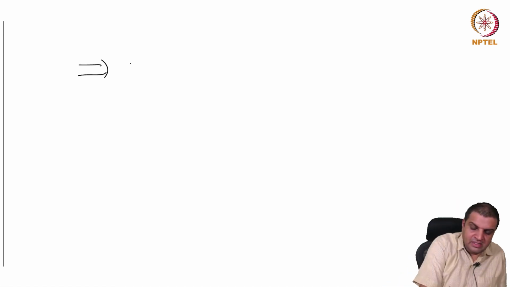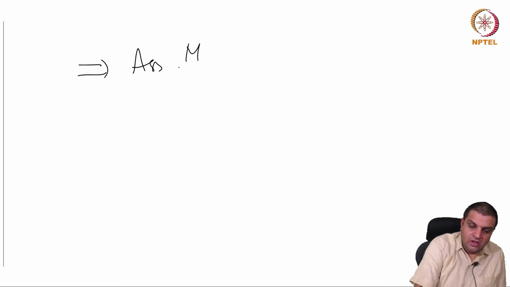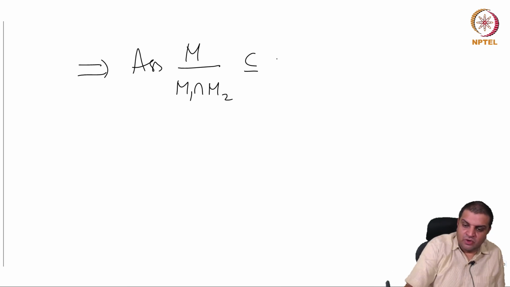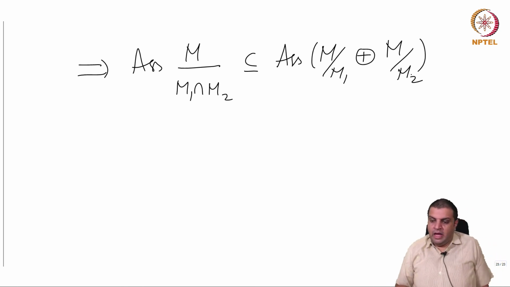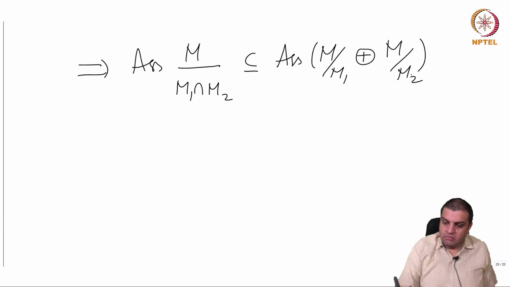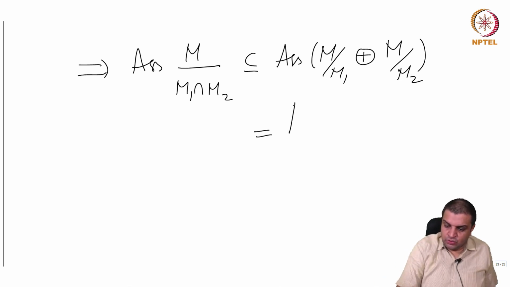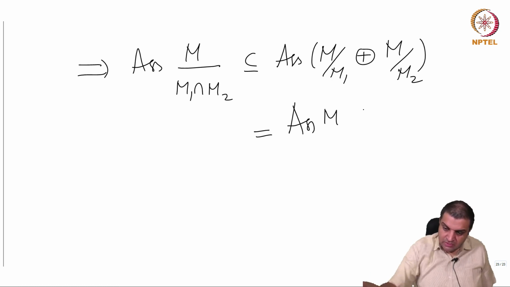Which now means that associated primes of M mod M1 intersect M2 is a subset of the associated primes of M mod M1 direct sum M mod M2. And for a direct sum, associated primes, one can just take unions.